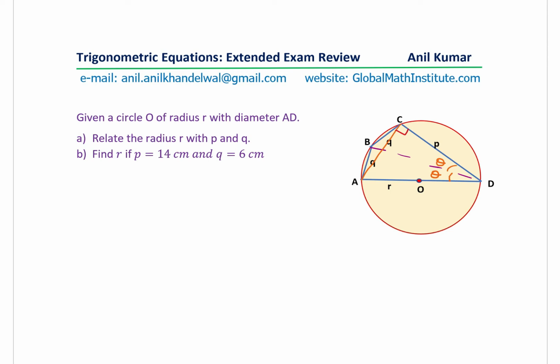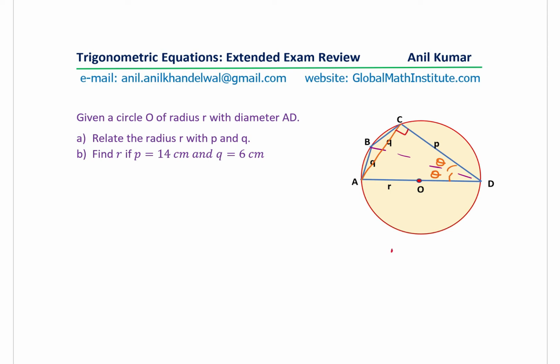Second, we also see that in the triangle ACD, which is a right angle triangle, the angle at D is 2 theta. So we might use the angle 2 theta formulas. You may specifically utilize some of them.